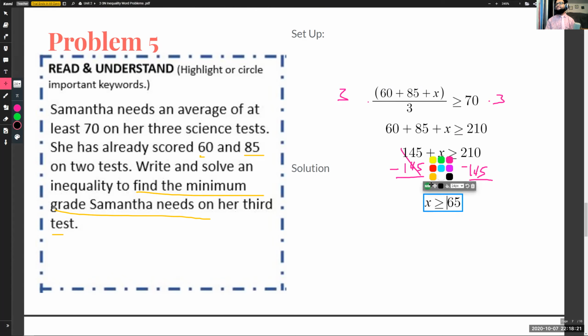All right, a 65. And so Samantha needs a minimum score. At the very least, she needs to score a 65 to get an average of a 70 on her tests.